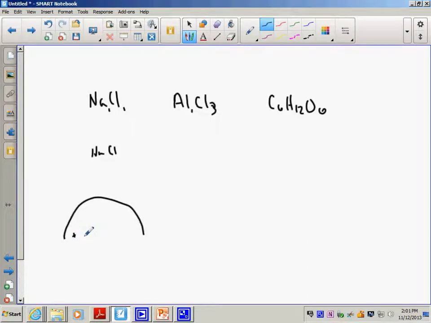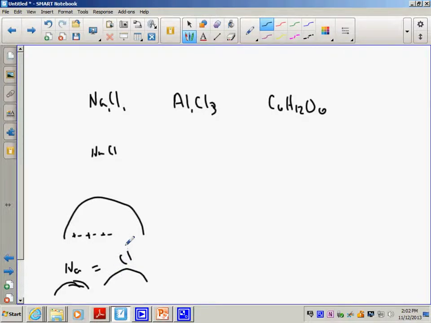Again, you'd have 1 cation, 1 anion, 1 cation, 1 anion, 1 cation, 1 anion. Because this is locked, the proportions for the entire size are still locked. I could take this and divide up all my sodiums into one pile, and I could divide up all my chlorines into another pile, and even though my drawing isn't exactly the same, these would be equal.